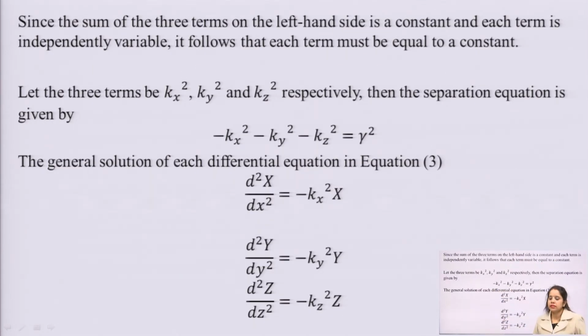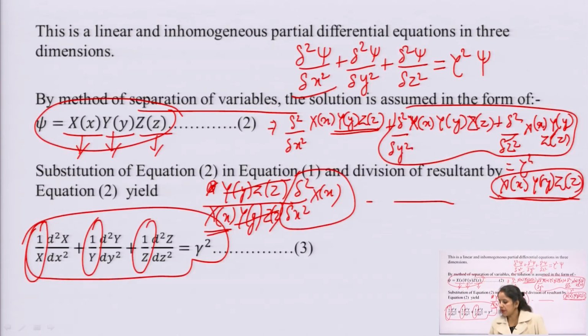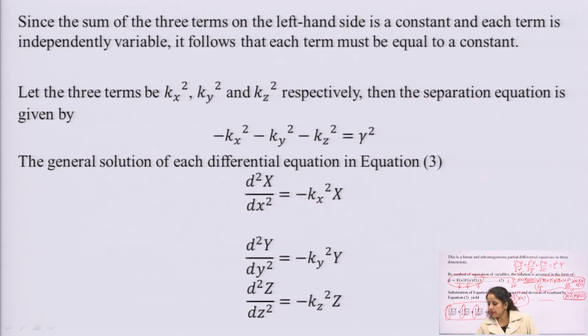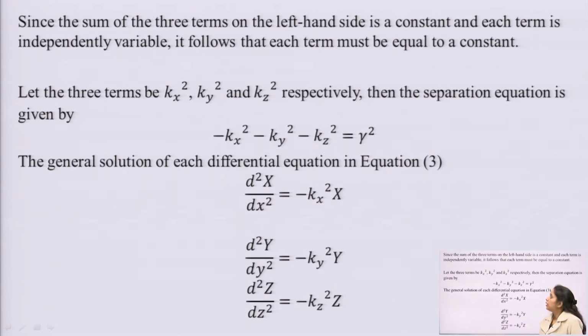And since we are seeing in this expression that these 3 terms sum to a constant, what does it mean? It means that each term is independently variable, and it follows that each term must be equal to a constant.